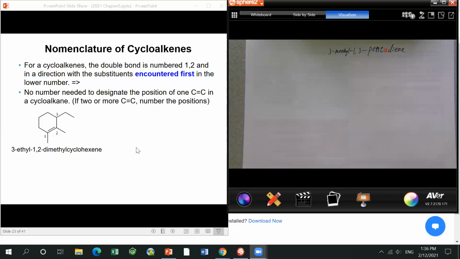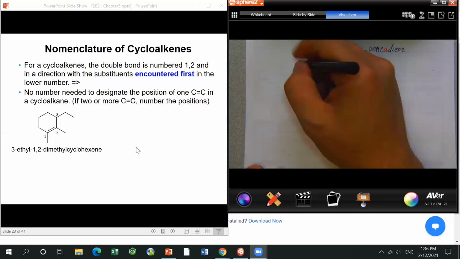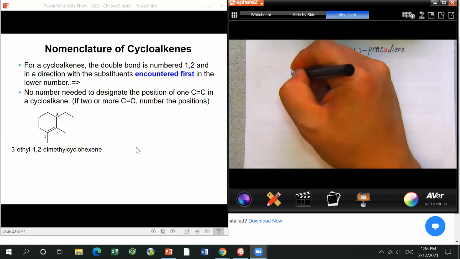You don't need to label the carbon of the double bond, because people already know there's a double bond. But if there's a substituent group, a branch on the ring, then when you number the ring, you have to think about the direction, clockwise or counterclockwise. Let me give you one example, so you will see what I mean.